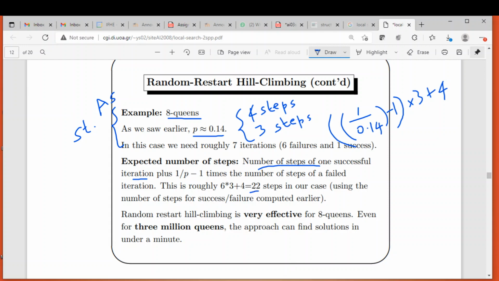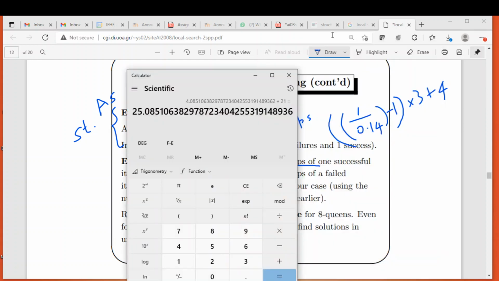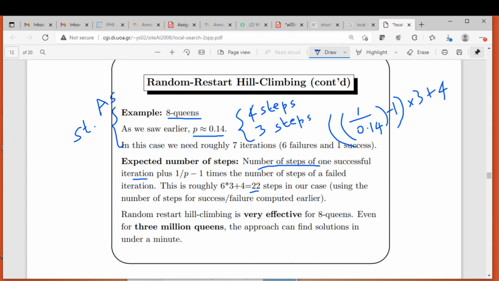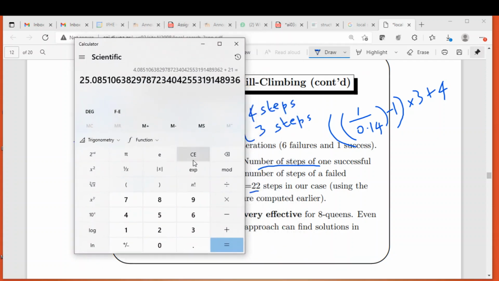So when you calculate this, you will get this value 22, right? So let me show you. You may not get exactly the round figure 22. You may get something like 22.1 or 22.2. So first let me do this, 1 by 0.14, which is 7.14 something.